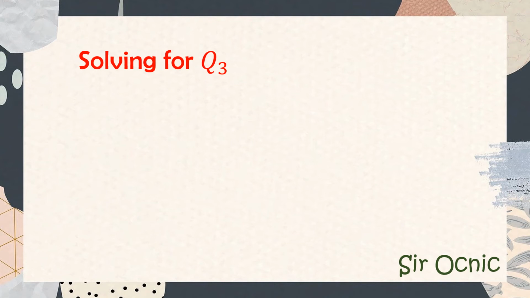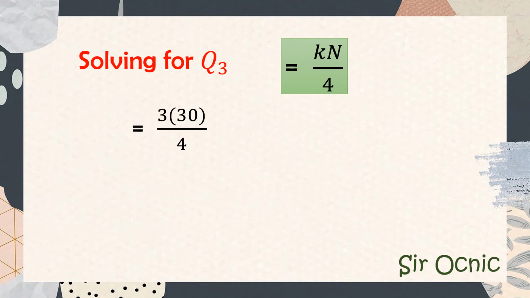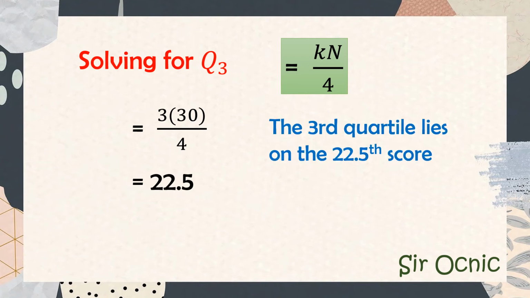Let us now solve for the third quartile. Using kn over 4, wherein k is equal to 3, that is equal to 3 times 30 all over 4, which is equal to 22.5. That means that the third quartile lies on the 22.5th score.